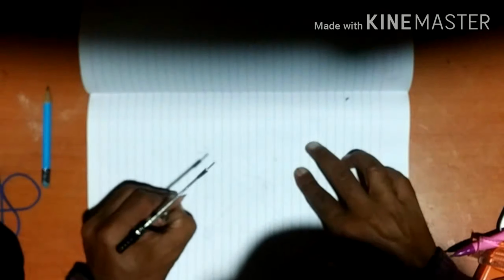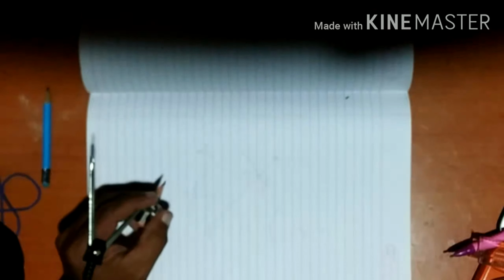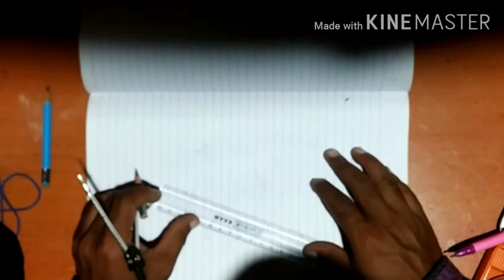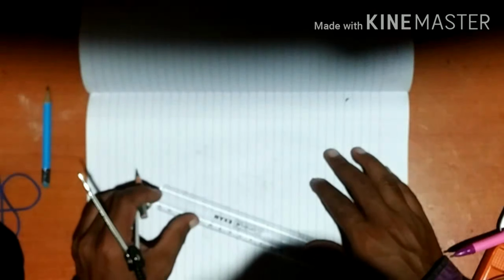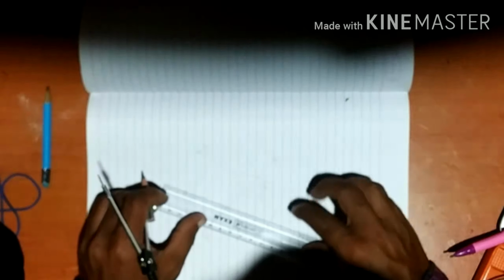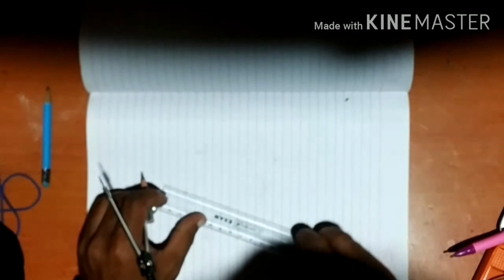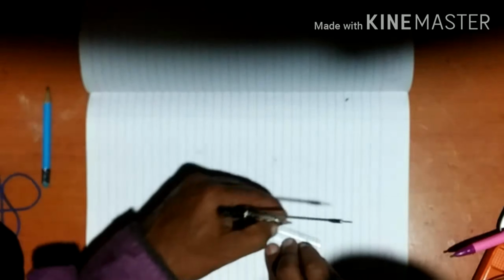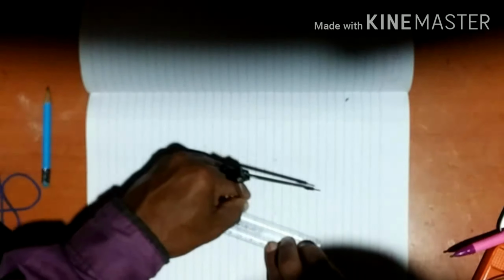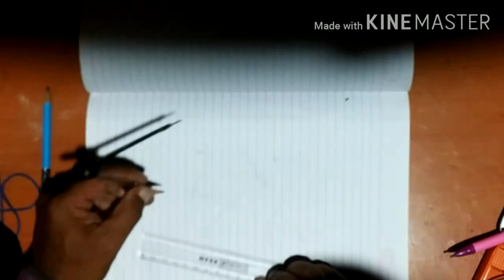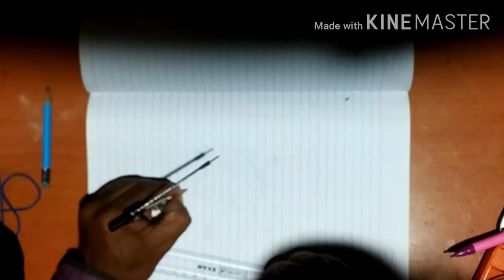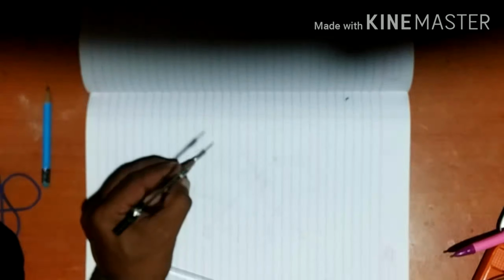Let us say it is point T. Now we have to connect point T and R. So ray RT is the angle bisector of angle PRQ.